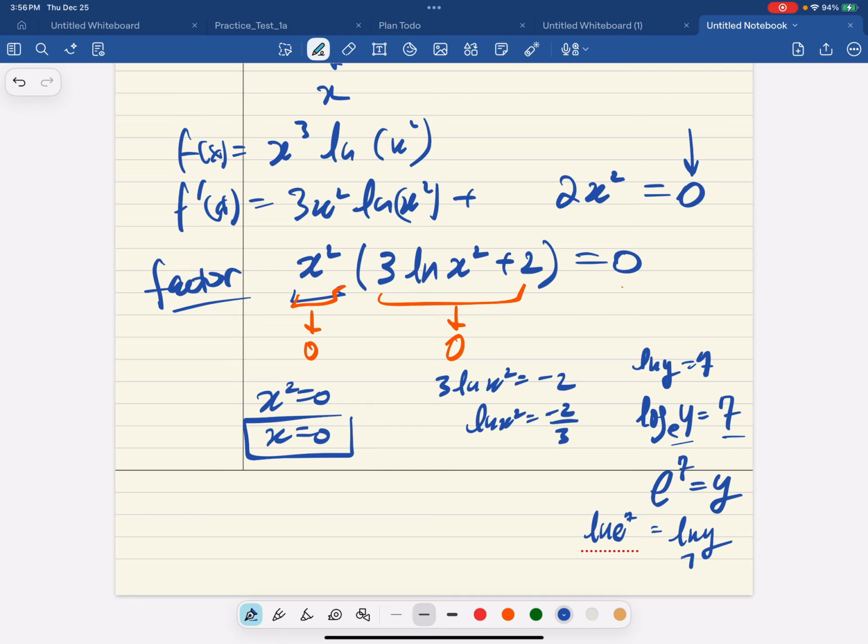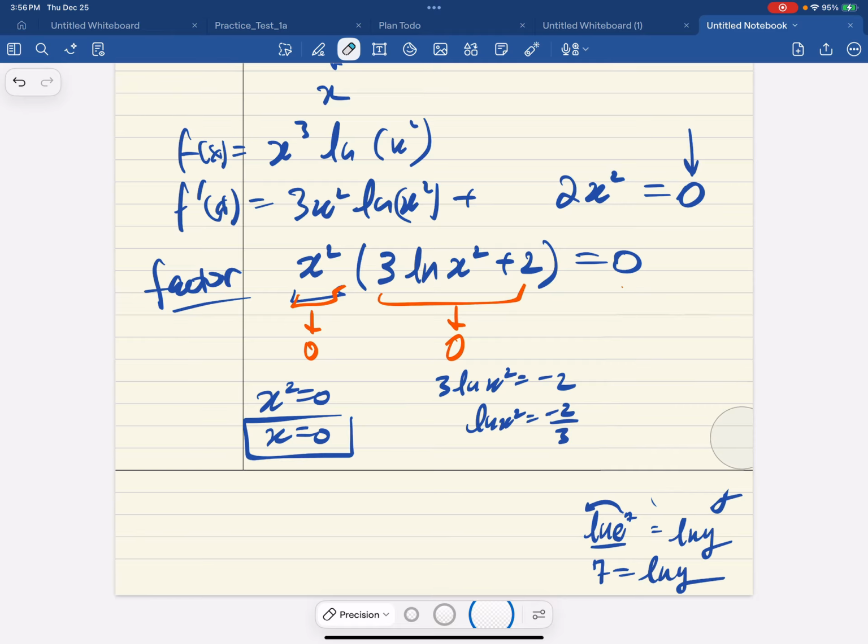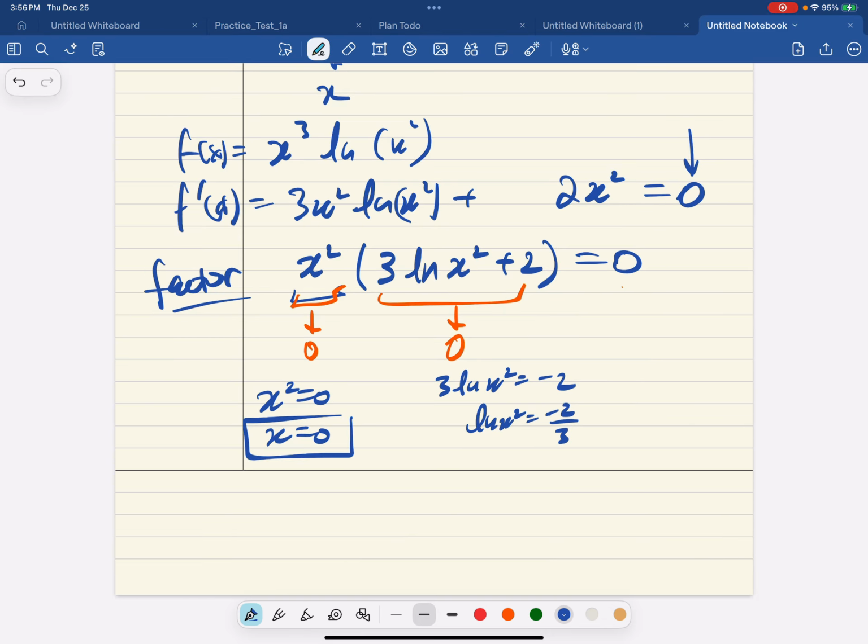And if we know that ln of e is 1, and we can bring 7 to the front, well, 7 times 1 is just equal to 7. And that is equal to ln of y. So that is a way to do it, but you don't need to go too complicated when you're mixing up many expressions. That was just an example.